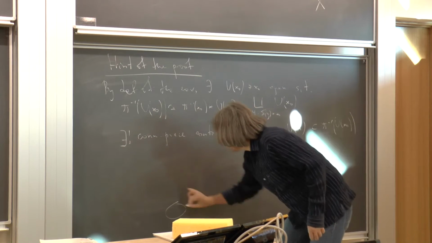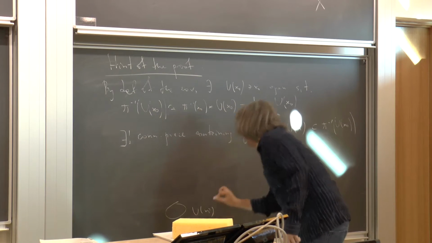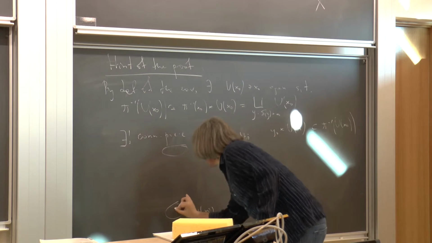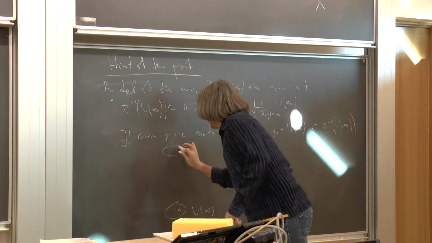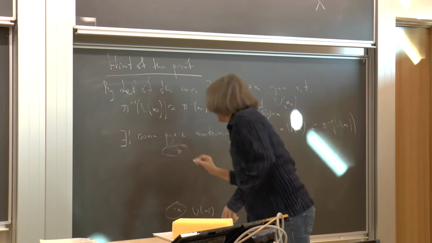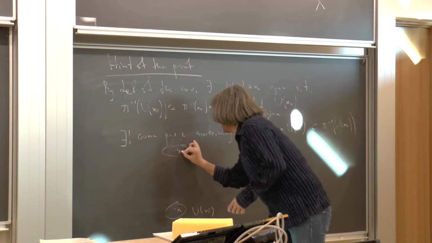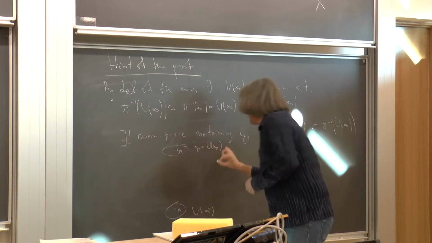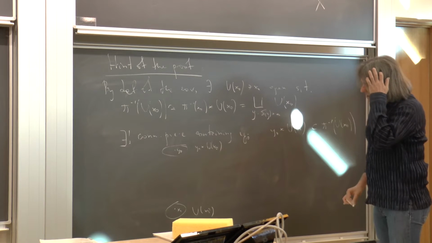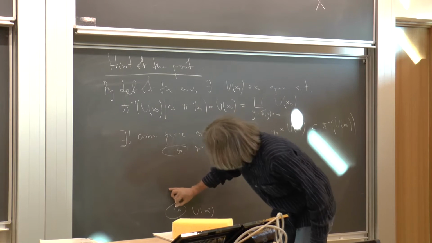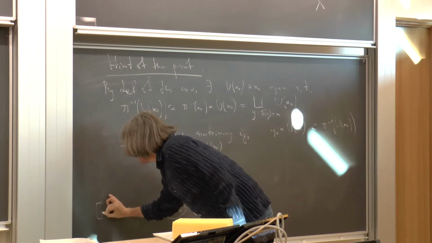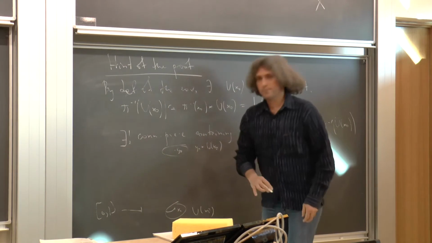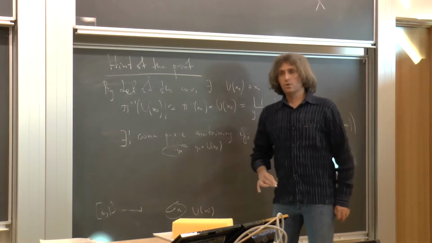Then let's take a look at this picture. We have this U of x naught, and above it we have another copy of the same thing. So it's around x naught, and there's another copy of the same thing around y naught. This is y naught times U of x naught. And we have this path which starts here. So there's [0, 1], which maps, and it starts here.